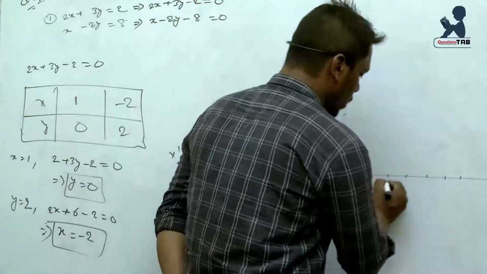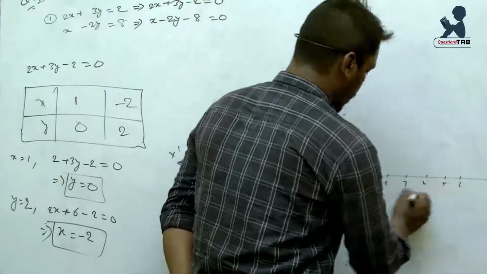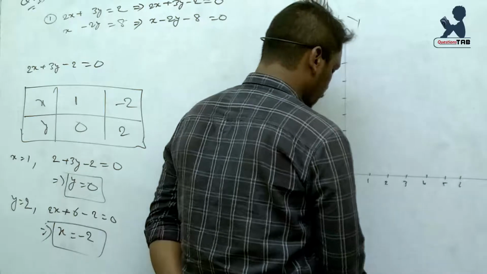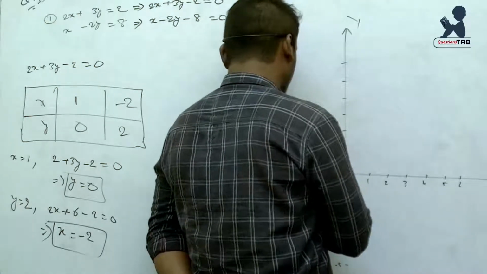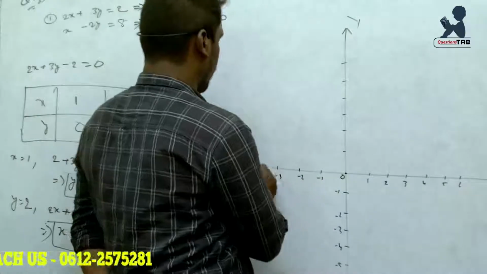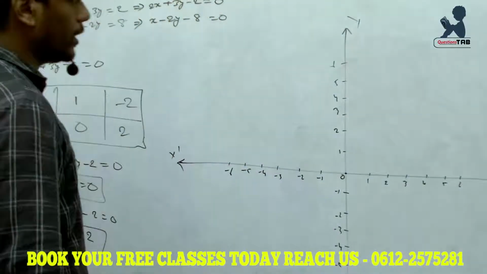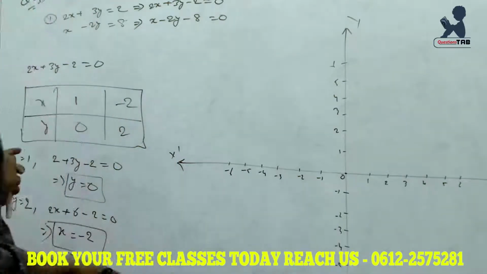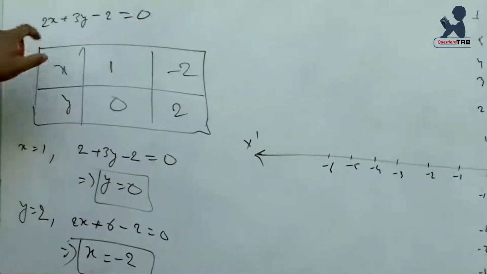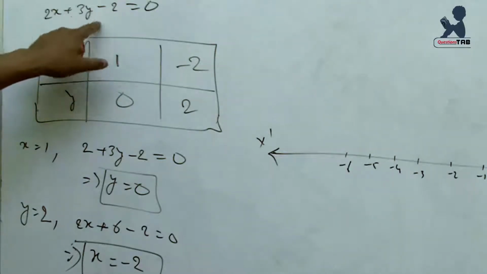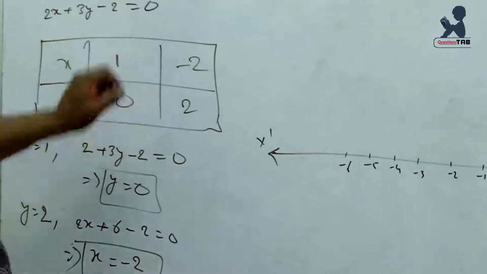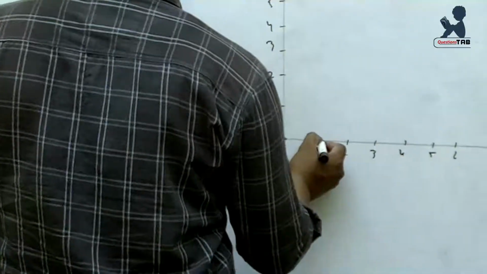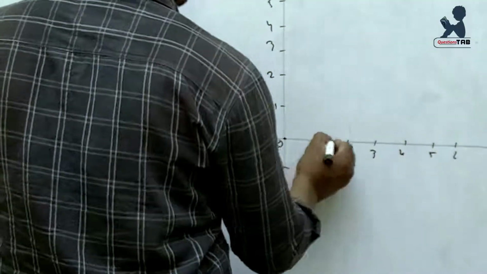So it's 1, 2, 3, 4, 5, 6, minus 1, minus 2, minus 3, minus 4, minus 5, minus 6, and the same on the y axis. So it's our graph number line. For the first equation, 2x plus 3y minus 2 equals 0, for x equals 1 we get y equals 0.